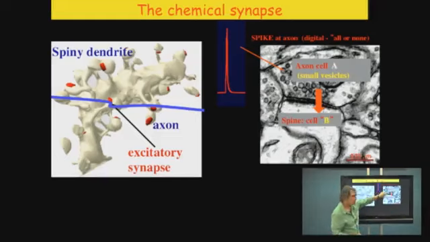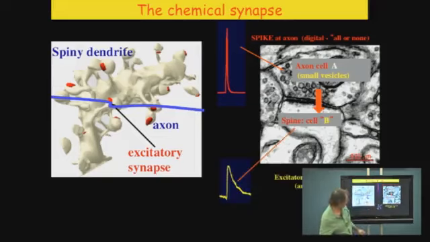And when the spikes arrive to this region, the spike itself succeeds somehow, in a magical way, so to speak, to make the transmitter be released into the gap and then to the postsynaptic dendrite. So the spike is the trigger for the releasing mechanism of the transmitter from the vesicle into the gap.